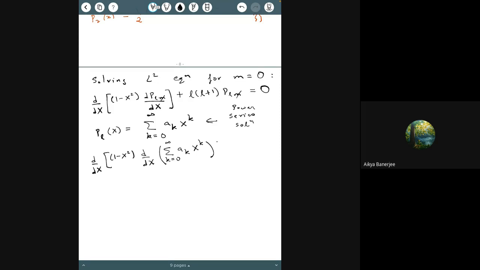Okay. Then plus L(L+1) times the sum from k equals 0. Okay.